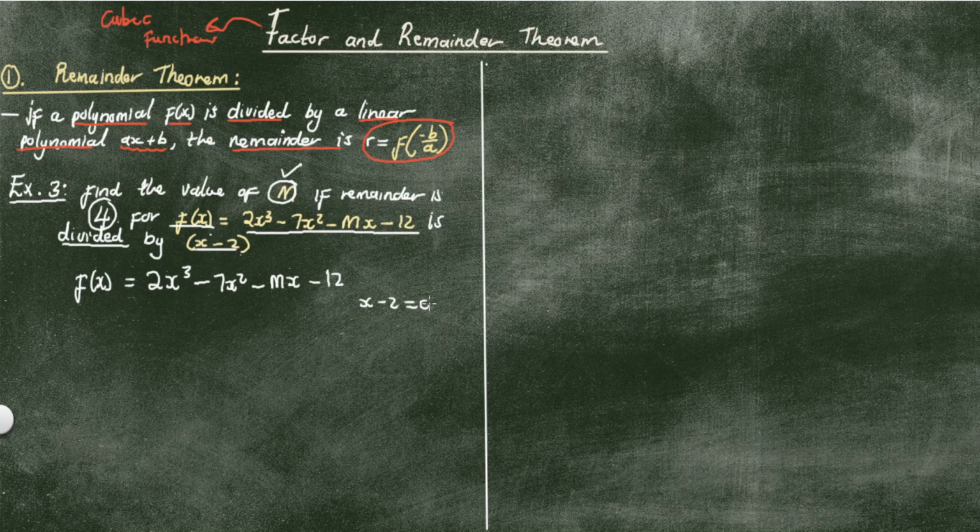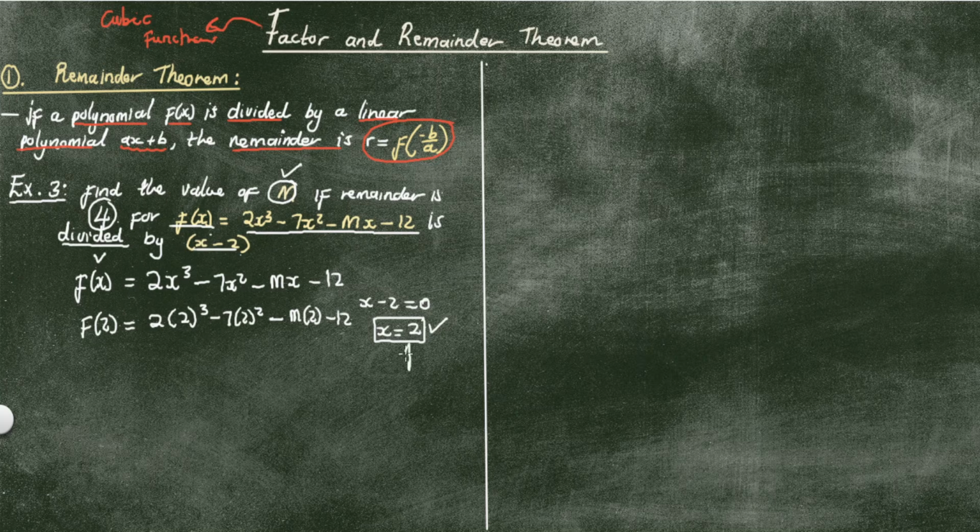We equate this to 0 and solve for x. X now becomes what? 2. X is equal to 2. We take this x and substitute it into this, right? F of 2. I know they want us to find what? M. 2 cubed minus 7 times 2 squared minus m times 2 minus 12.